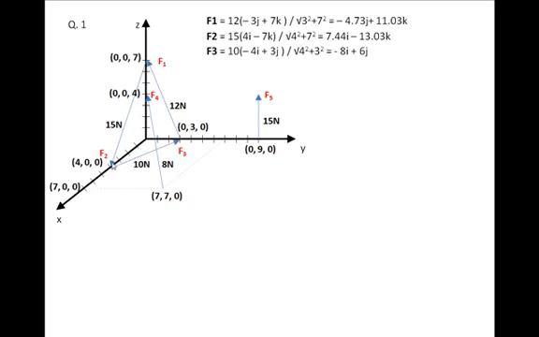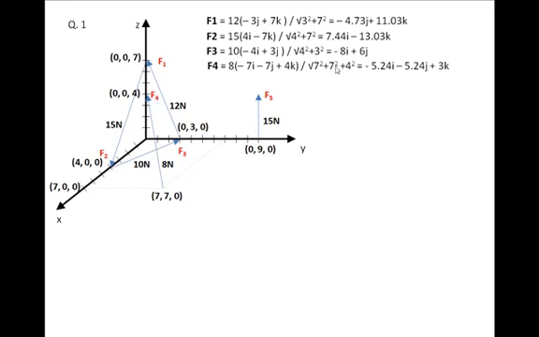You must know that we are doing head minus tail, that is the coordinates of the head of the arrow minus the tail of the arrow. So that's why, for F3 with magnitude 10, it is 0 minus 4i and 3 minus 0j. And similarly we have F4. See, F4 goes from here to here.